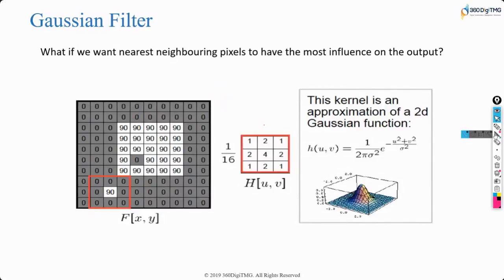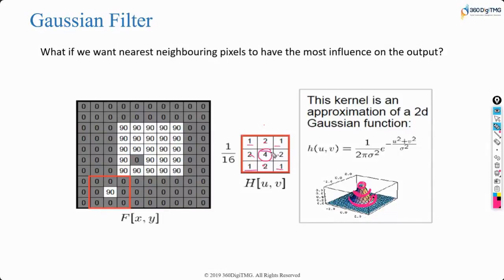So here you have the Gaussian filter. What happens in a Gaussian filter is that the pixel values which are at the center will have high weightage. The pixel values which are immediate neighbors will have slightly low weightage. And the pixel values which are diagonally opposite will have even less weightage.